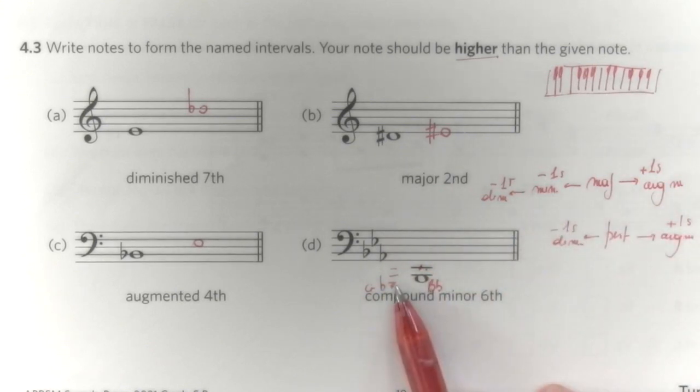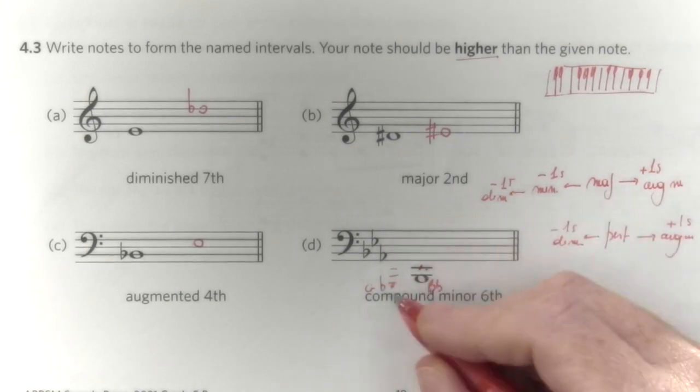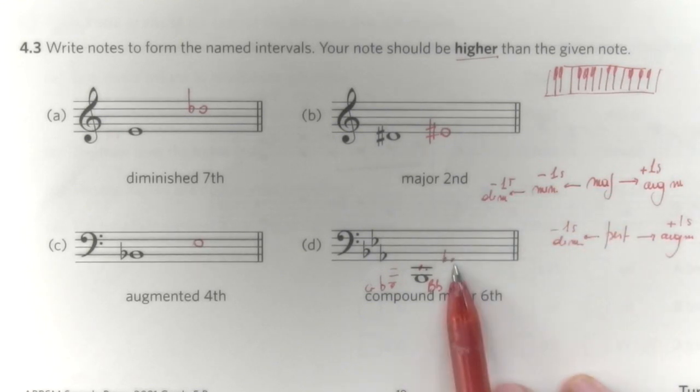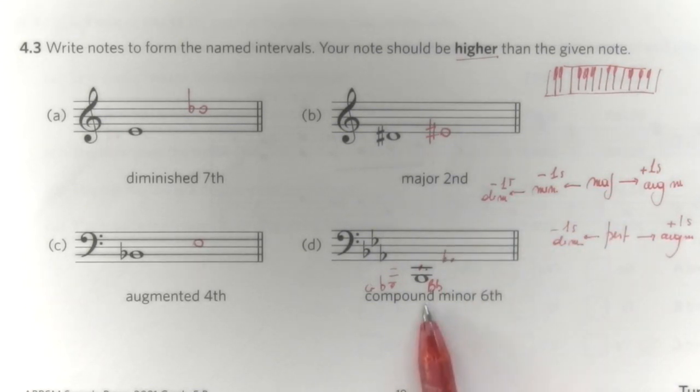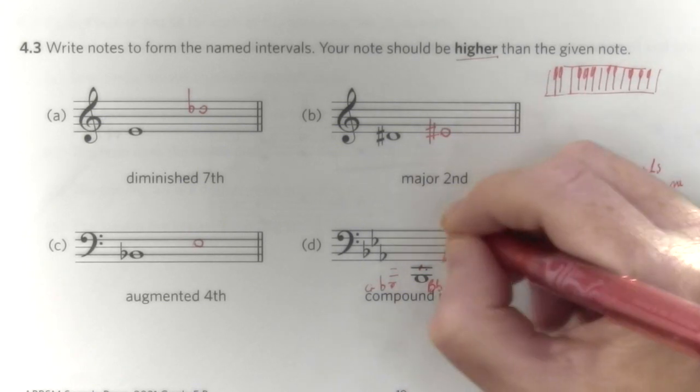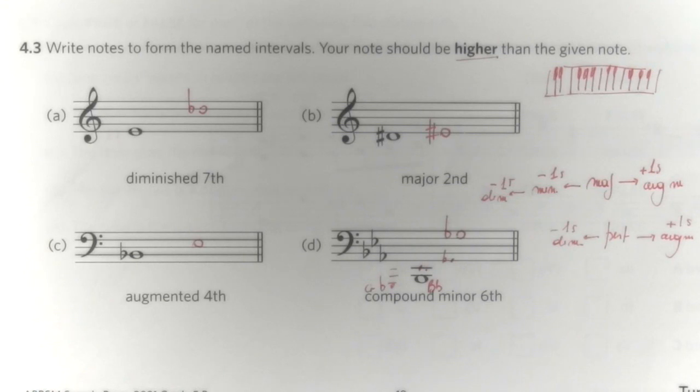Now, we flip it over and we write a G flat here, which is here in bass clef, but it's compound, so an octave higher. This is the final answer. So let's do that again. This is B flat.